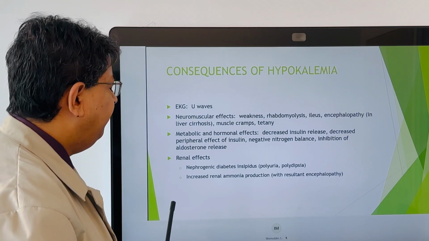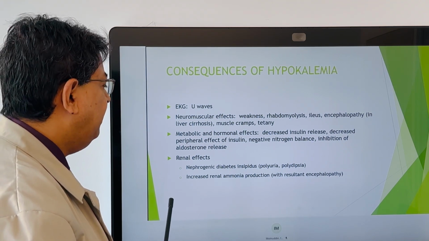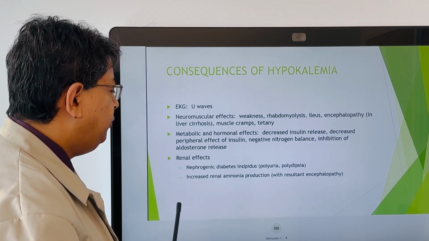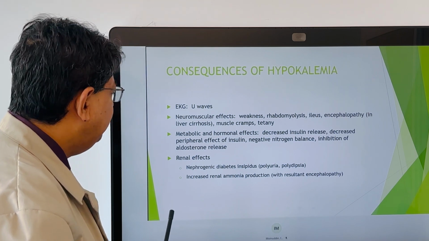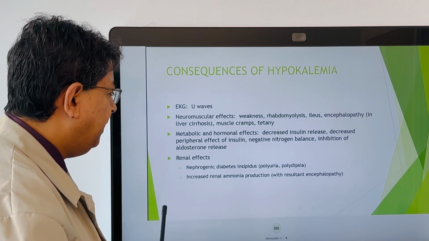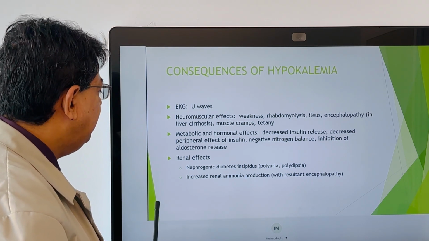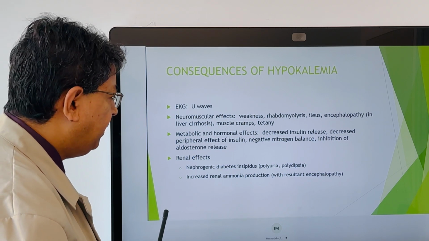Metabolic and hormonal effects include decreased insulin release, decreased peripheral effect of insulin, negative nitrogen balance, and inhibition of aldosterone release. Renal effects include nephrogenic diabetes insipidus, which is characterized by polyuria and polydipsia, and increased renal ammonia production with resultant encephalopathy.